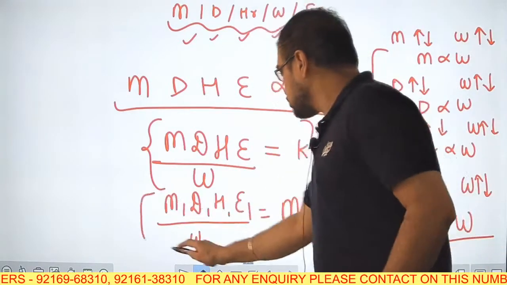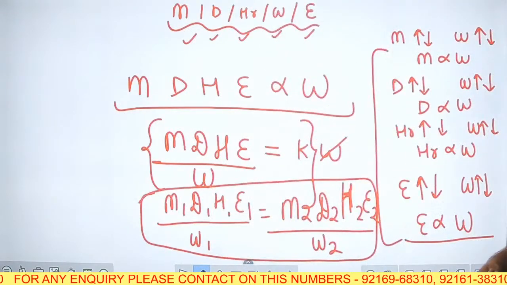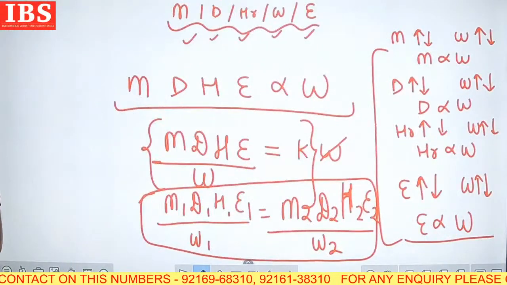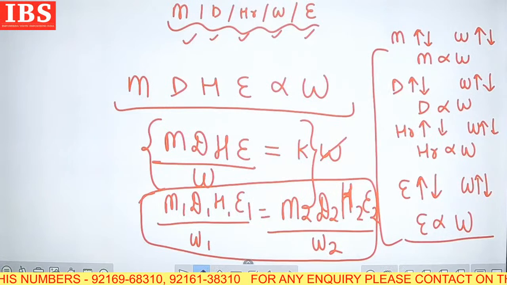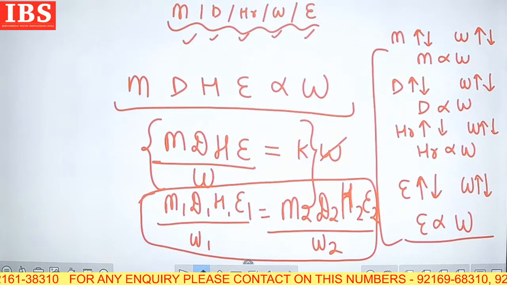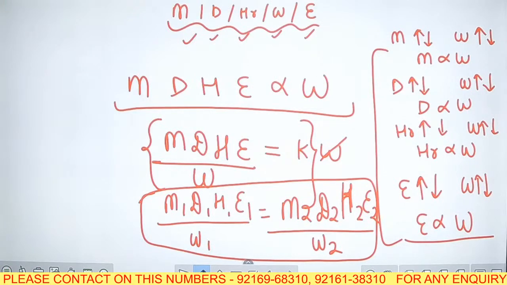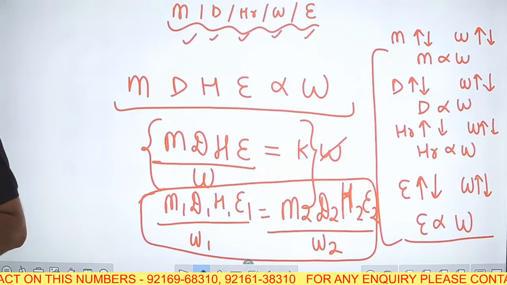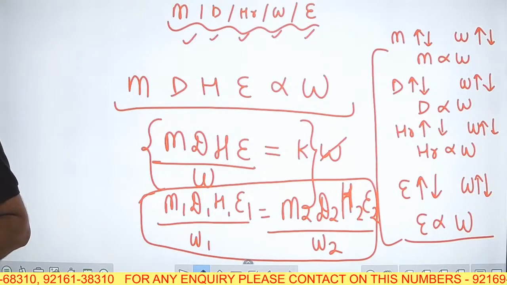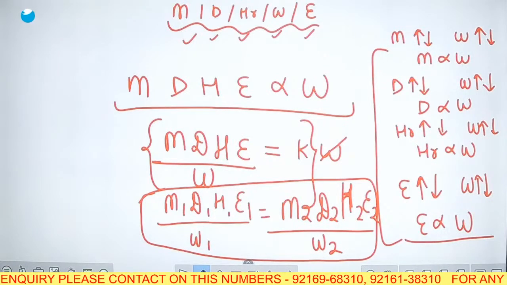This is the main important crux of this whole thing, that M D H E divided by W always remains constant. This is the most important thing that we will be using in our next questions.